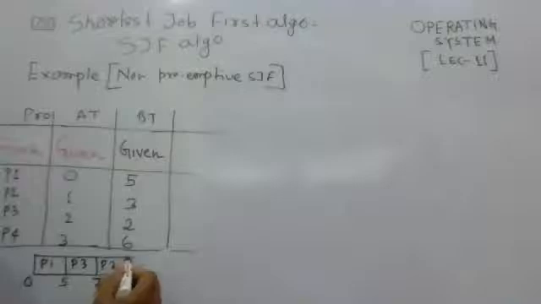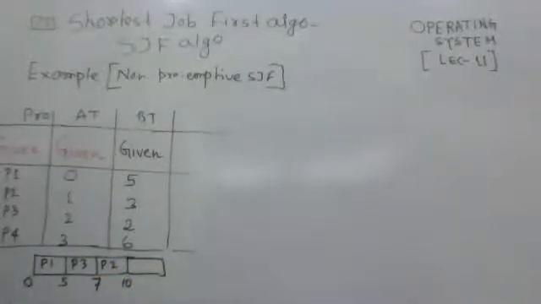The last process in our given data is P4, so next we schedule P4 with time unit 6, and the time bound here is 10 plus 6, that is 16. So this is your schedule chart.